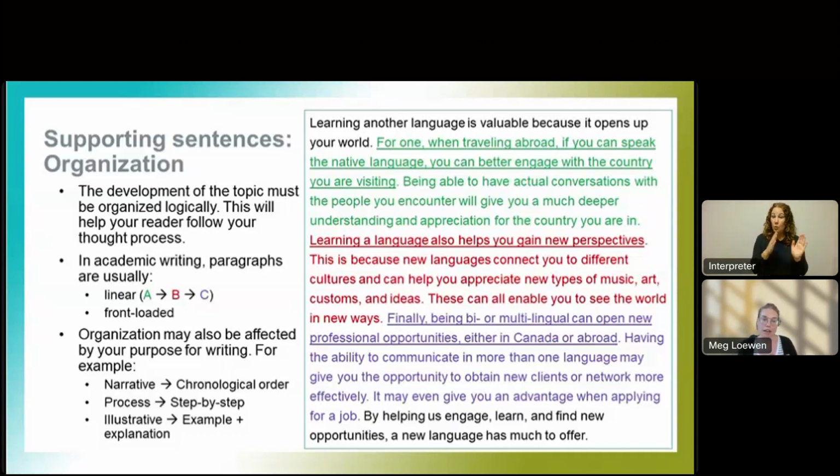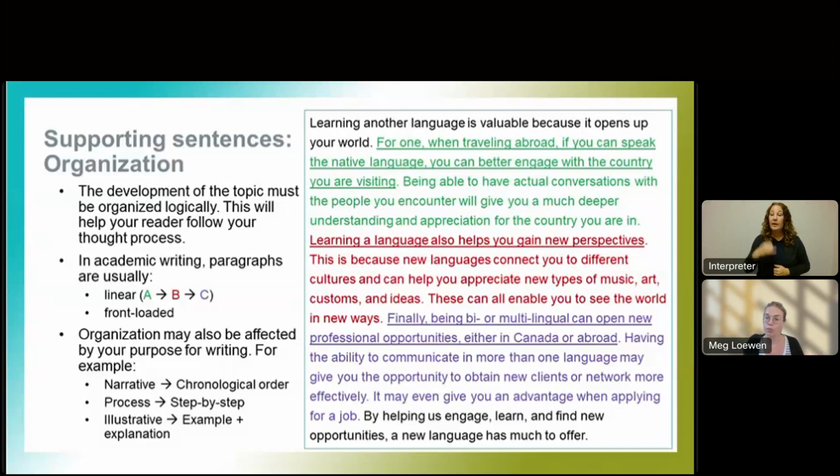Organization might be affected by your purpose for writing. So there's different reasons or different types of writing that you might do. If you were to write something more narrative, where you were describing an event that happened, perhaps you would think about your order in chronological order, right? As in a timeline. The first thing in your writing is the farthest thing in the past, and then you move through the events as they happened in order.